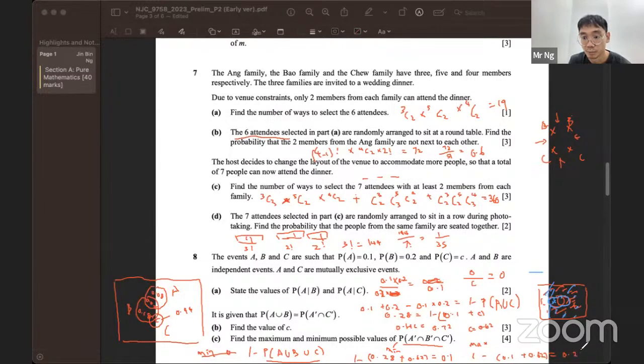That will be the max value. Okay, that's all for this.